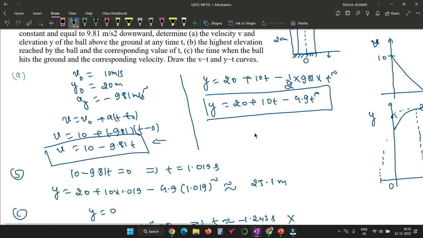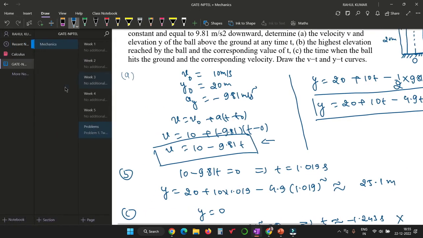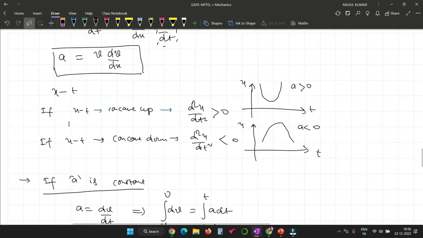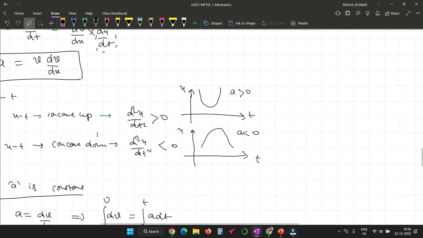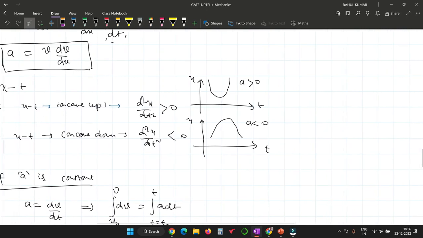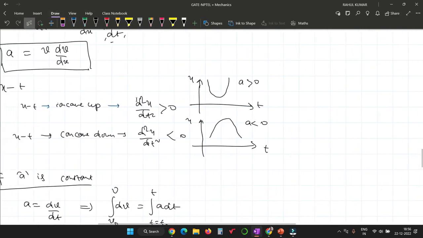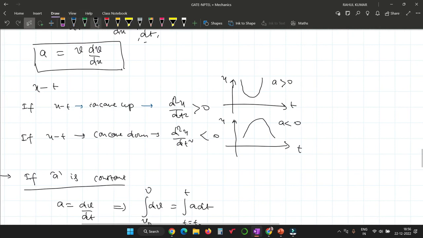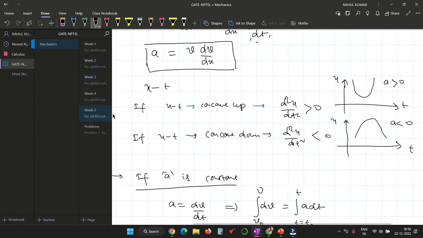Sir, can you repeat that concave upward, concave downward concept? Here I have told you that when the xt graph is concave, d2x by dt square is greater than 0. In this problem's case, acceleration was negative, so here it is y.